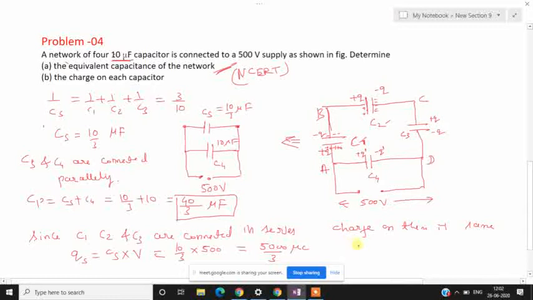You can find out the charge on C4 also. Let me write the charge on C4 as QP. It is also very simple.